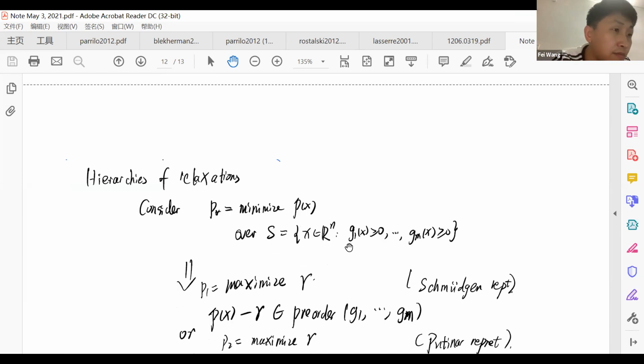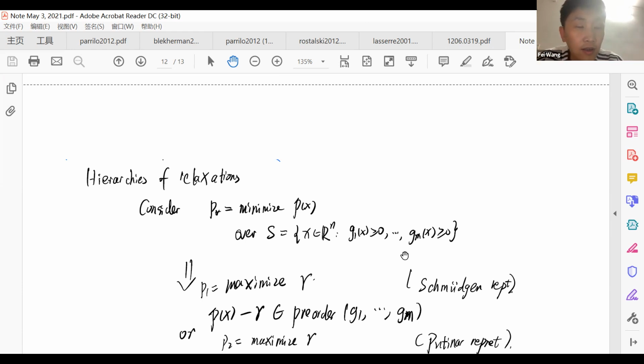So how do we deal with this problem? The idea is called the hierarchy of relaxations. At each step we have a degree bound, and we solve a convex optimization problem, and then we increase the degree bound at each step.